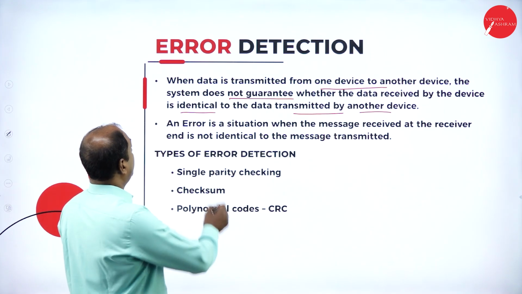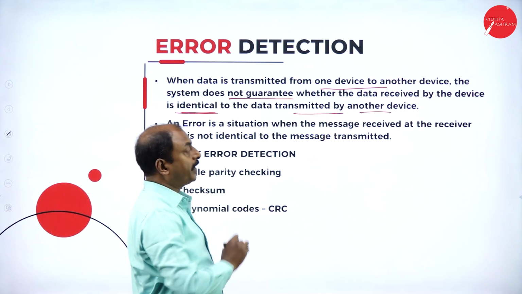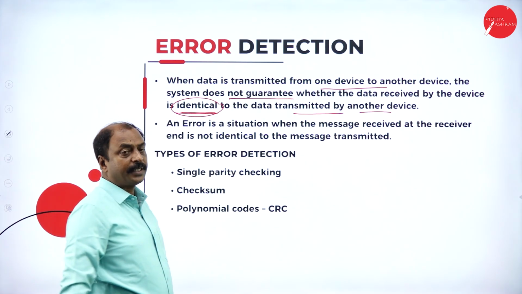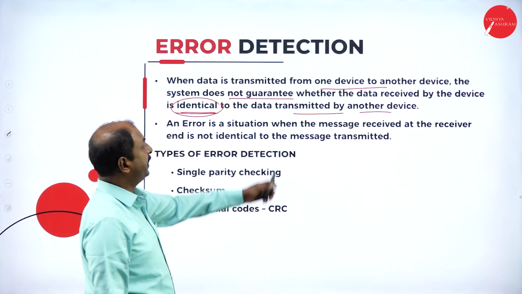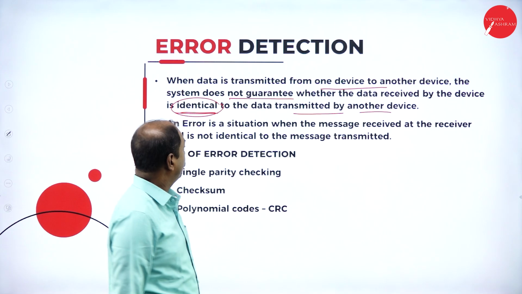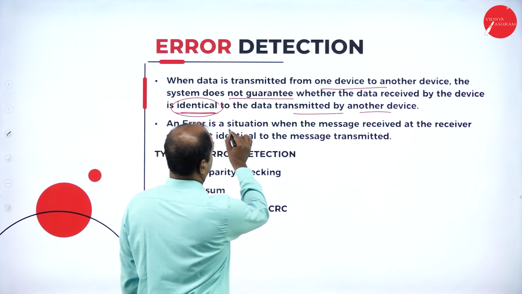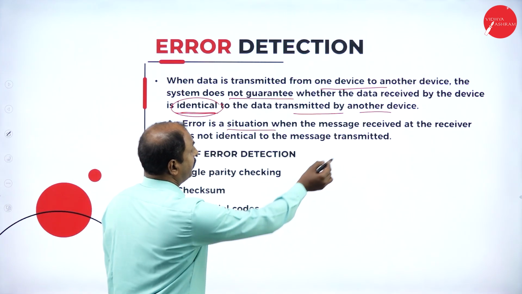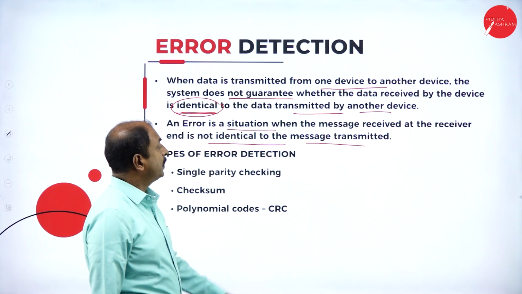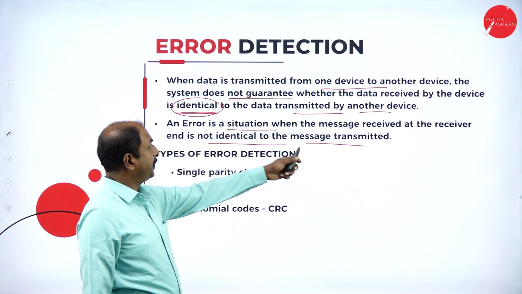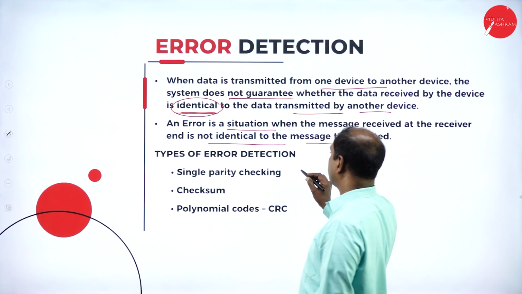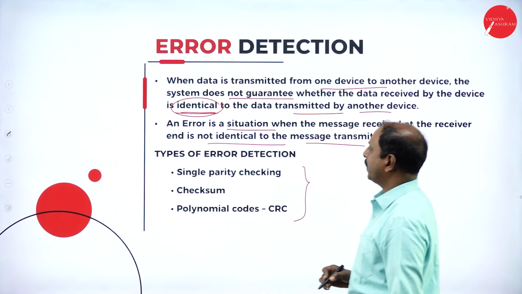But if the data received is not identical to what was sent, then we can say there are some errors in the network. So an error is a situation when the message received at the receiver end is not identical to the message transmitted. This is the meaning of error detection. And here we come across different types of error detection.